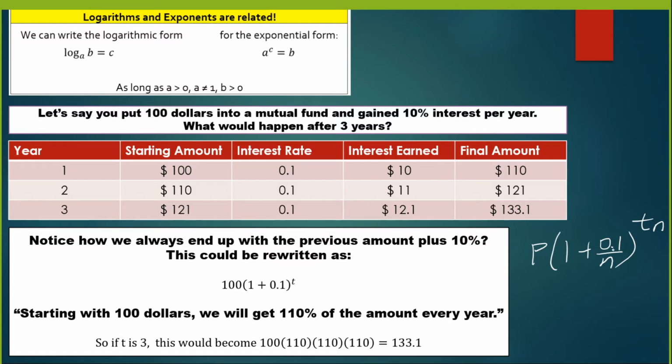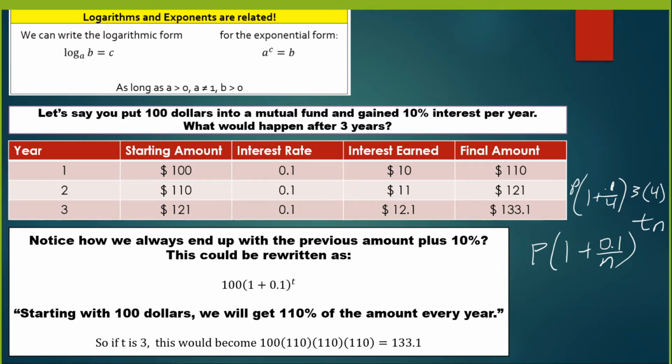So instead of compounding 3 times in 3 years, you would actually compound 12 times in 3 years. So that's 3 years compounding 4 times per year. But every time that you compound, instead of compounding at 10%, you would compound at 1/4 of 10% for your principal.